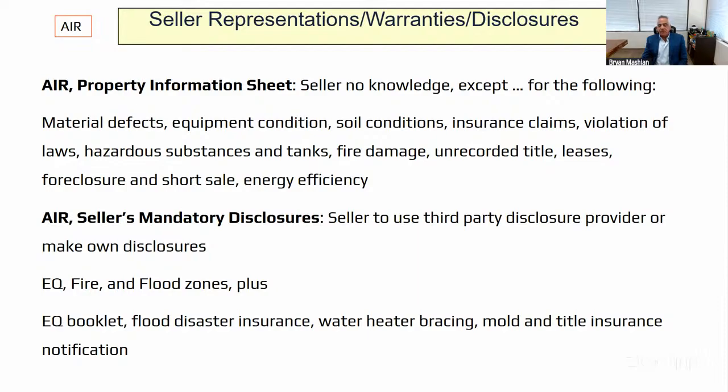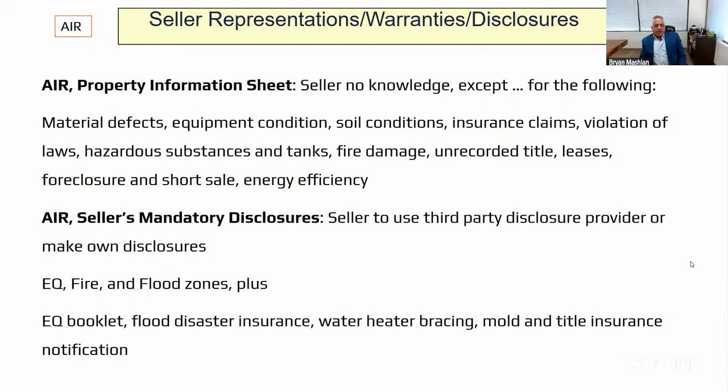Does the seller know of any non-compliance of the property with any applicable laws? Does the seller know of any hazardous substance contamination or mold? Was there a fire that happened on the property? And any lawsuits, any governmental proceedings? So this is meant to go through each aspect of the property and have the seller tell the buyer, I don't know of any problems.